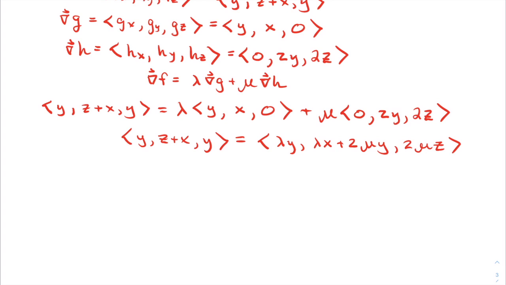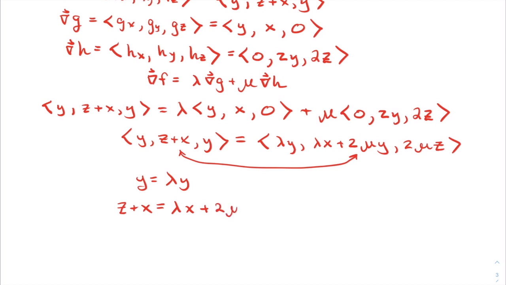The first equation you can see comes from the first components that have to be equal. So y is lambda y. Second components here, z plus x is lambda x plus 2 mu y. The second equation.